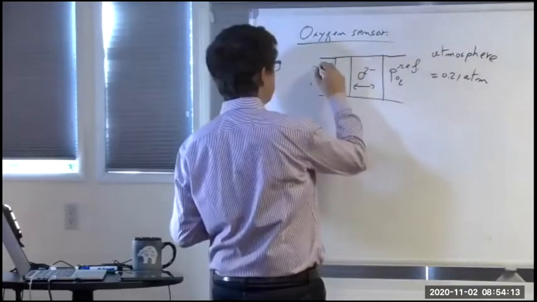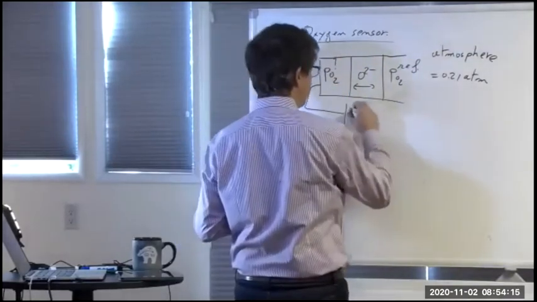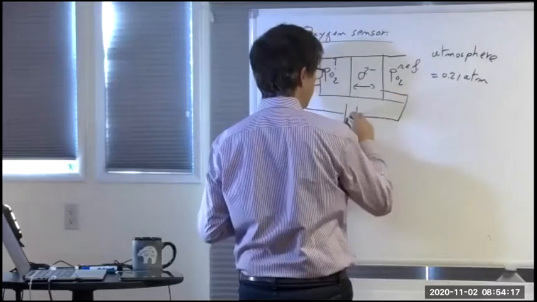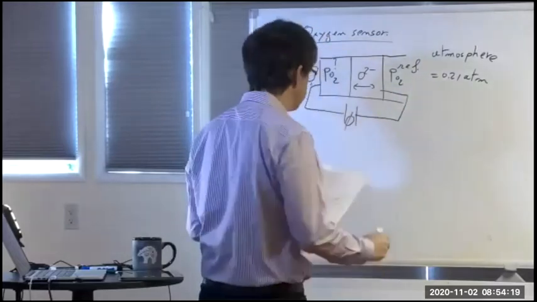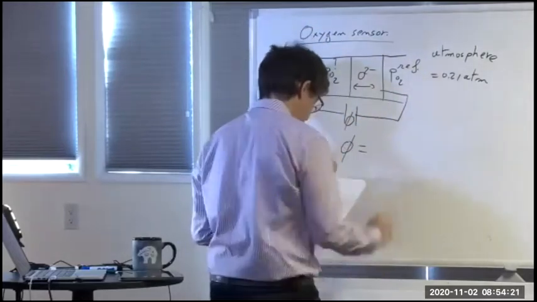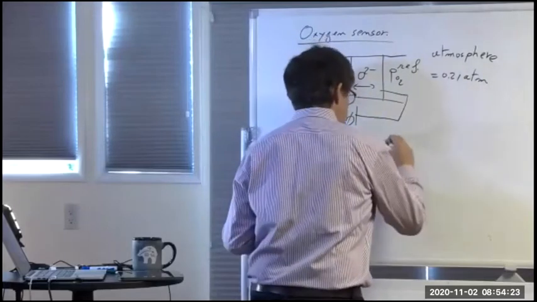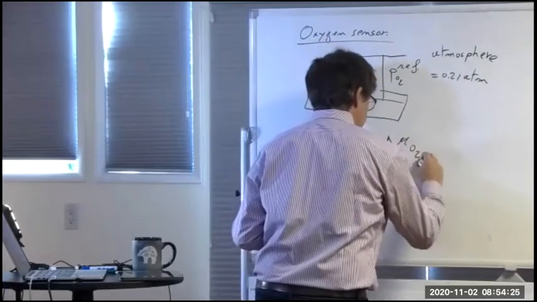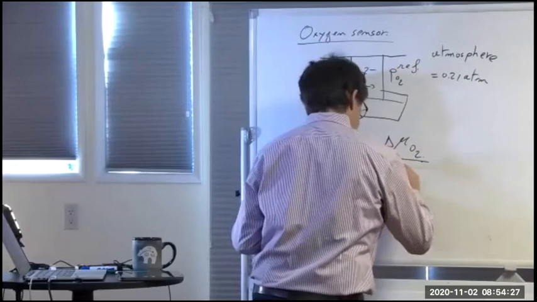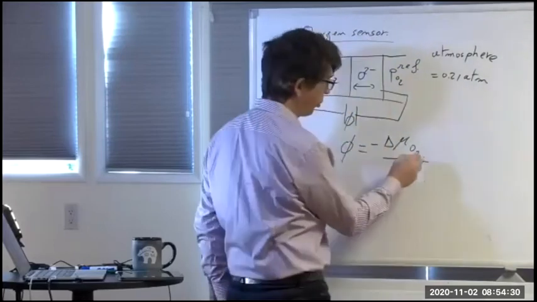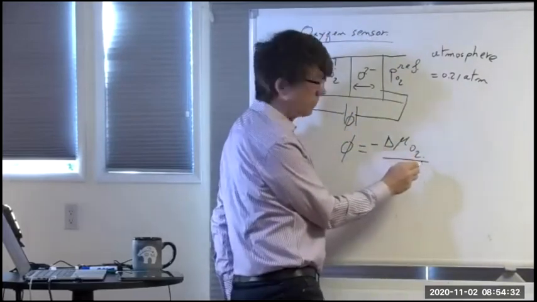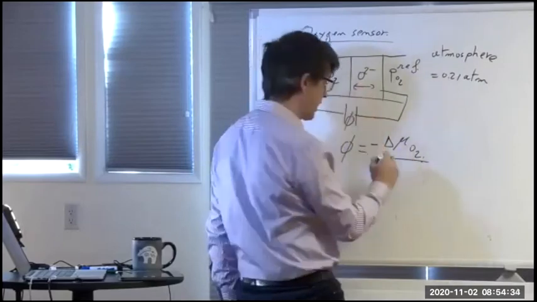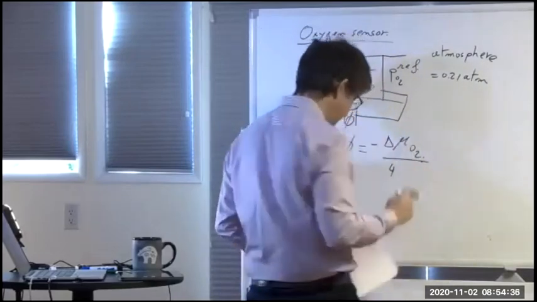What you can do is simply measure the electrical potential between the 2 sides. And the electrical potential will be minus delta mu of O2 divided by, since we're doing it per O2, that's 2 per 2 oxygen anions, so the charge is 4.